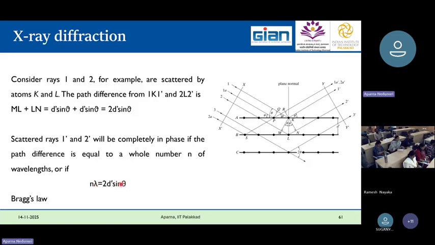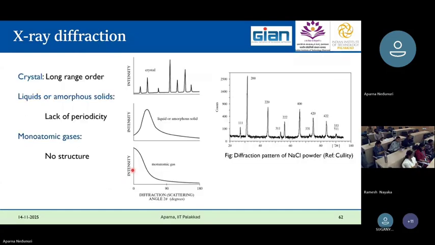And the interplanar spacing of the crystal is constant, so d is constant, and at different two thetas you can get different waves that are captured, scattered or diffracted, right? All those waves you can accumulate, and this is what you will get: intensity versus two theta values. You'll have all the diffracted X-ray intensity captured through the detector at various two theta positions.